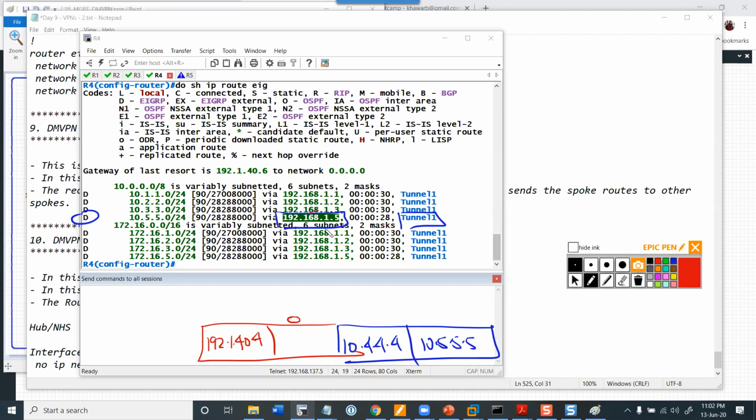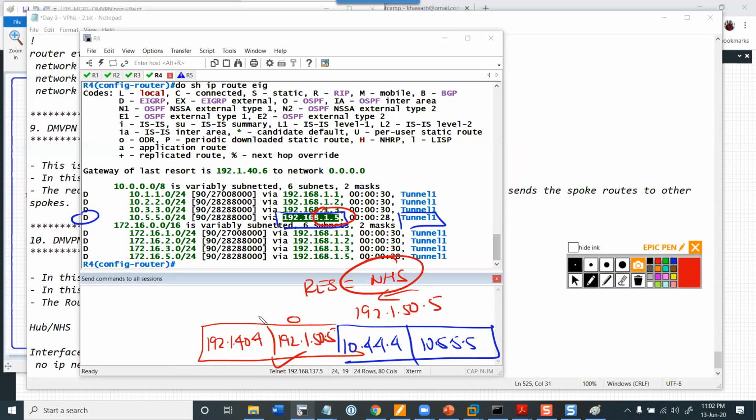It sees the via is via what? 1.5. It sends a resolution to the NHS saying who is 1.5. He responds back saying 1.5 is 50.5, and puts it in. But again, the first packet will still go through the NHS because of the resolution, but the subsequent packets will go direct.